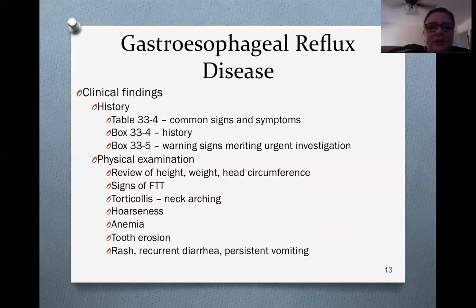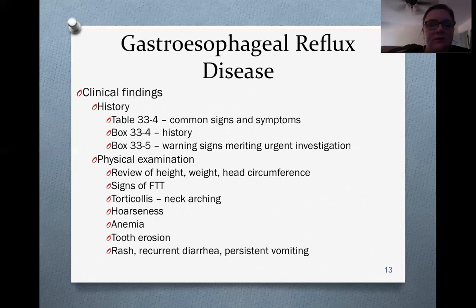I wanted to point out that in infants, this torticollis or neck arching is something we see with GERD. After they eat, they try to elongate their torso to relieve some of that epigastric pain from the reflux.